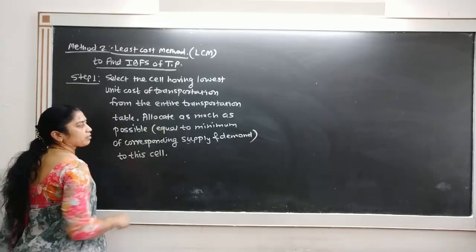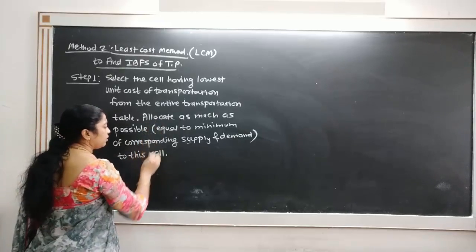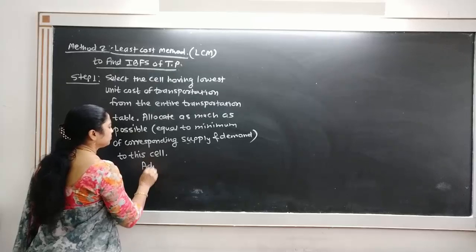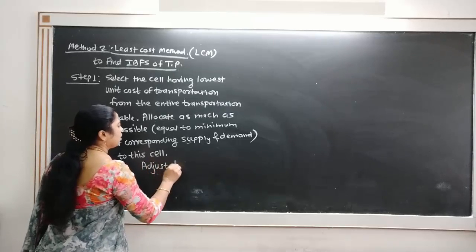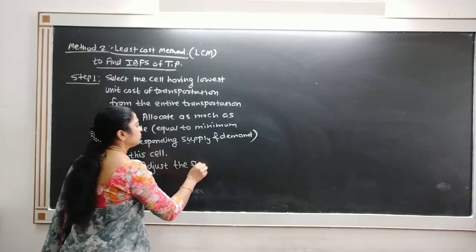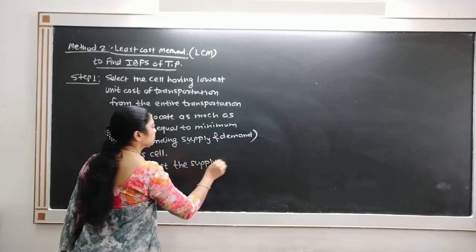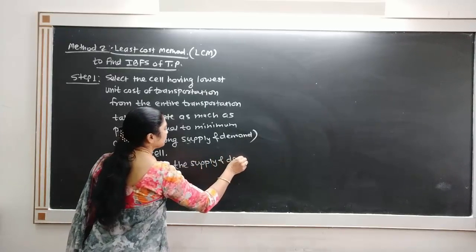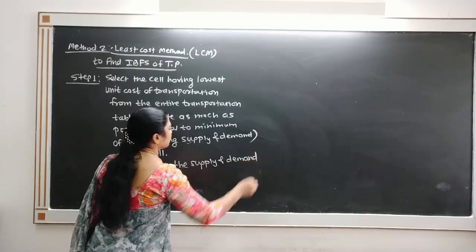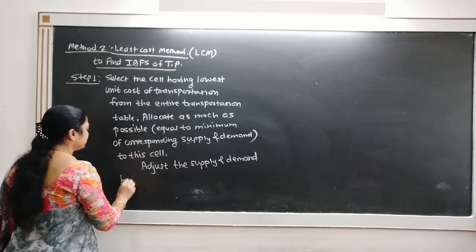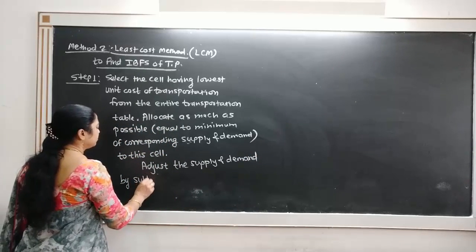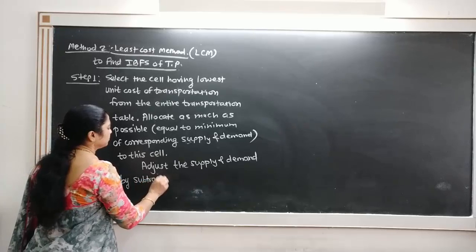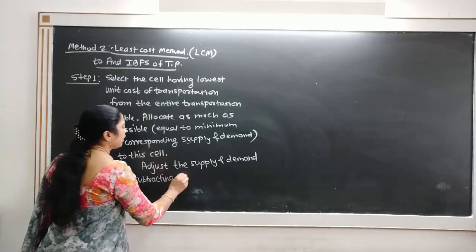Once you allocate, then adjust the supply and demand by subtracting this allocated amount.